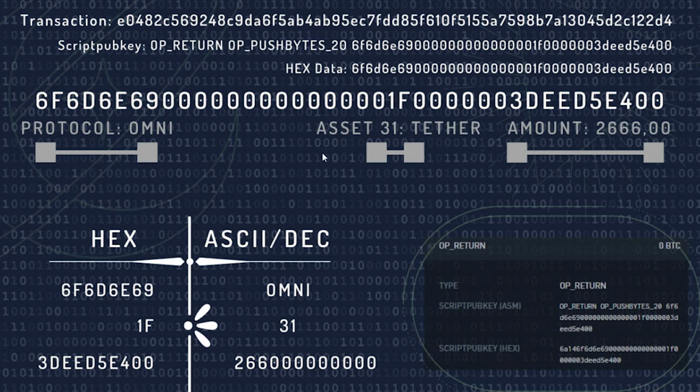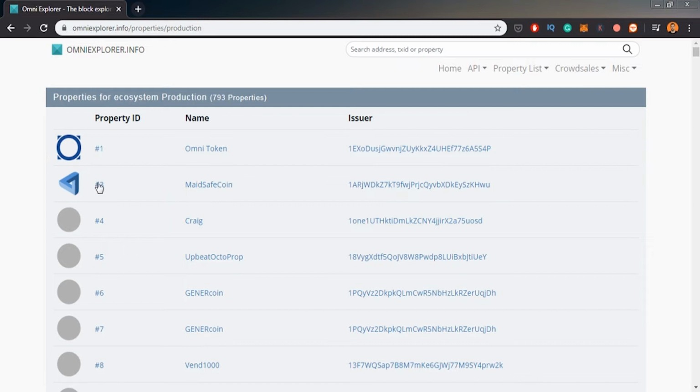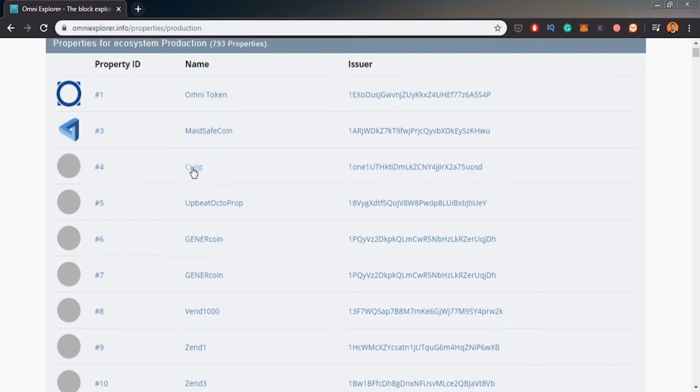Let's go to the middle of it, 1F. 1F translates to 31, and it's basically the ID of the Tether token on the Omni Layer protocol, because as I said, the ID 0 or 1 is for the master coin, for the Omni token. Nobody uses it anymore, so it's not being transacted, but Tether is very popular, a lot of transactions.